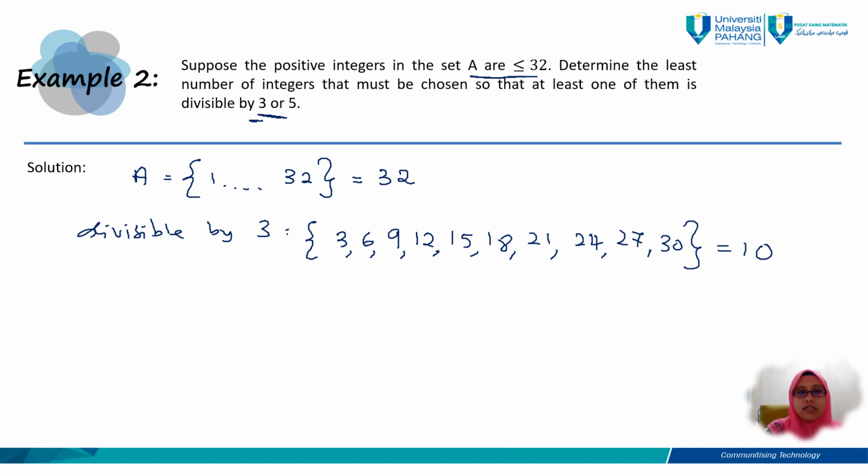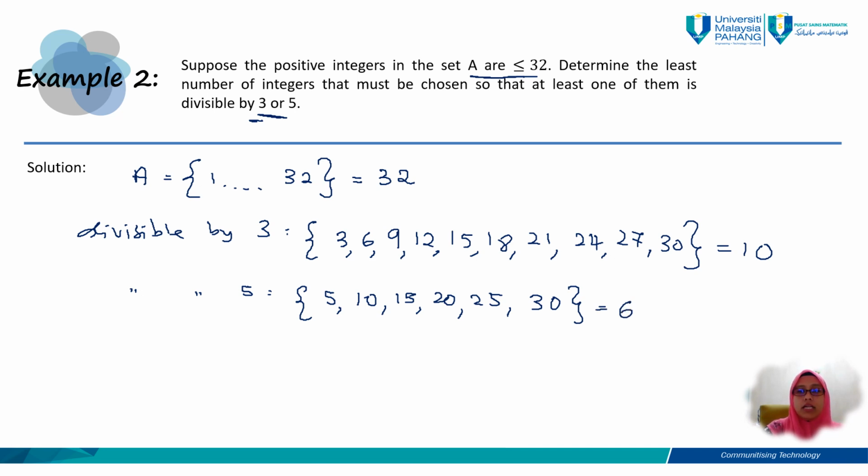Okay, how about divisible by 5? So divisible by 5, we have 5, 10, 15, 20, 25, and also 30. So the total here is 6.